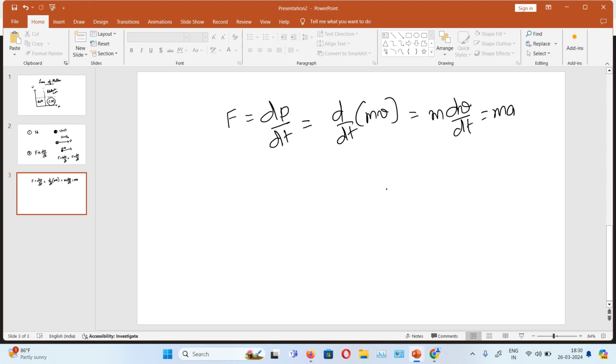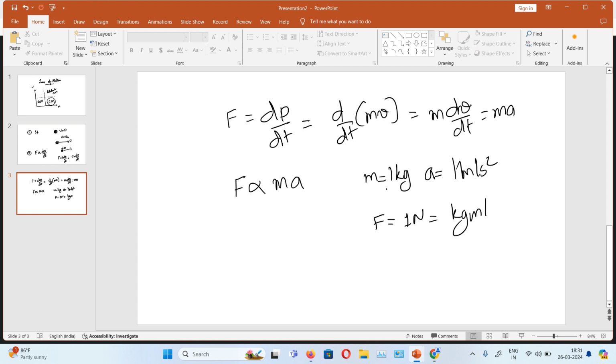According to the proportionality, F is proportional to ma, but we defined our force unit in such a way that when m is 1 kilogram and acceleration is 1 meter per second square, the force is defined as 1 newton, which is kilogram meter per second square. So the proportionality constant k became 1, and F is equal to ma.